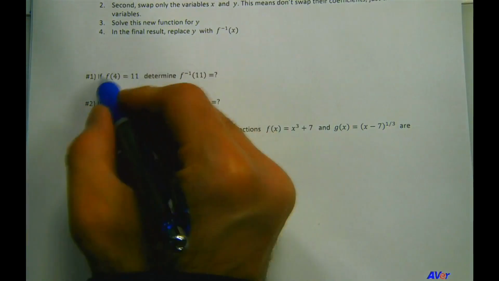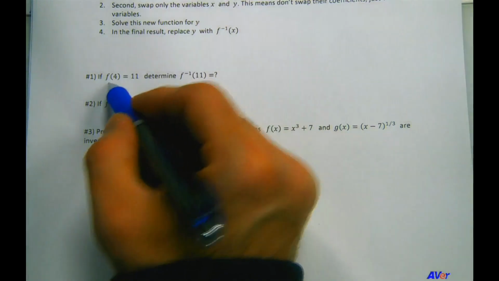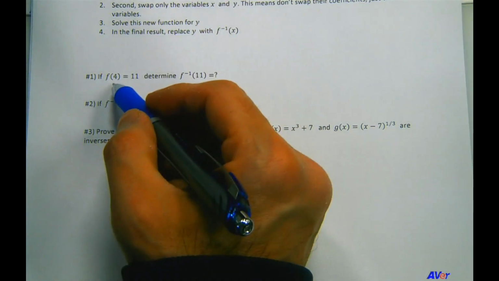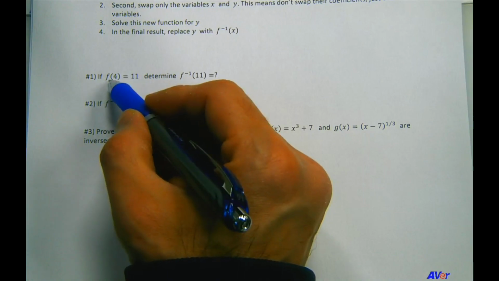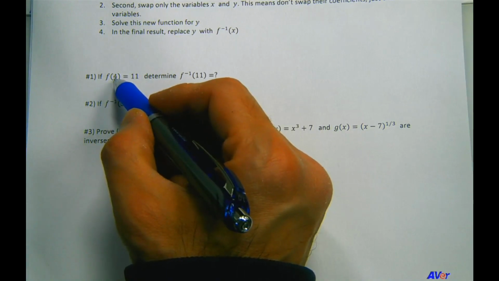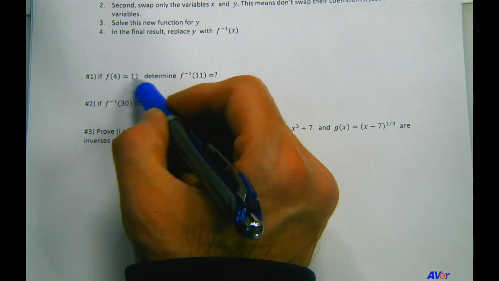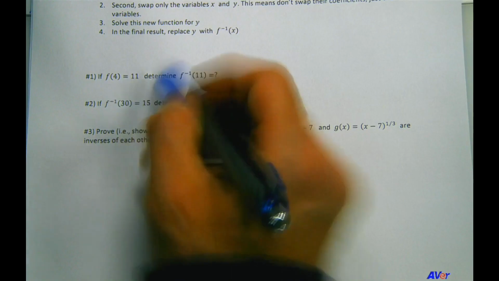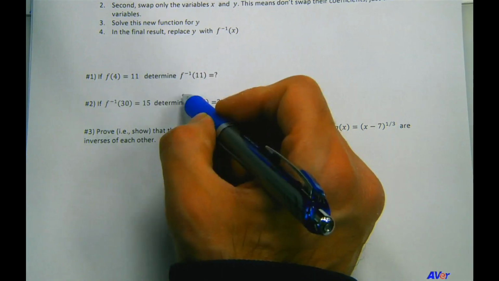It says if some original function, it's not been given to us, but it doesn't matter, if some original function f evaluated at x equal 4 is equal to 11, determine the value of the inverse of that function at 11.